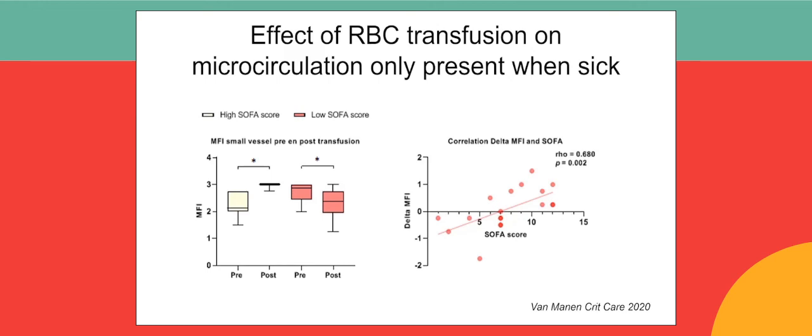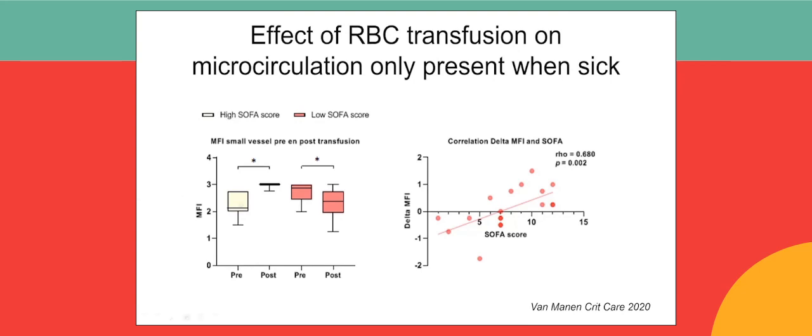Another finding that we have is that the effect of the red blood cell transfusion is also dependent on your disease severity, here depicted as the Sequential Organ Failure Assessment. So the more severely ill, the higher the SOFA score.